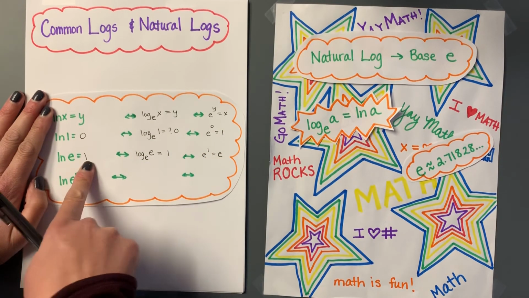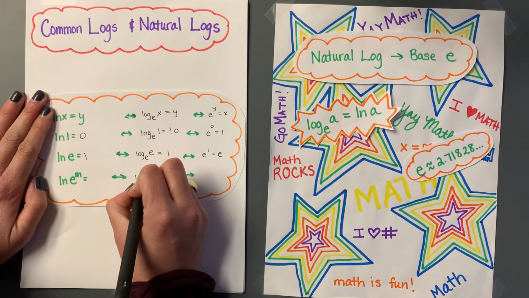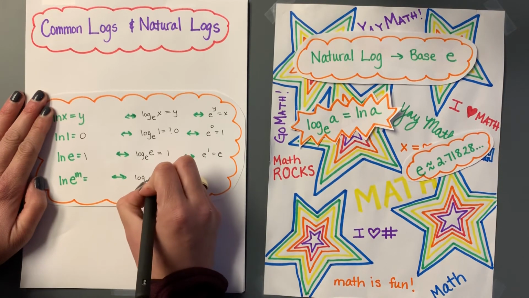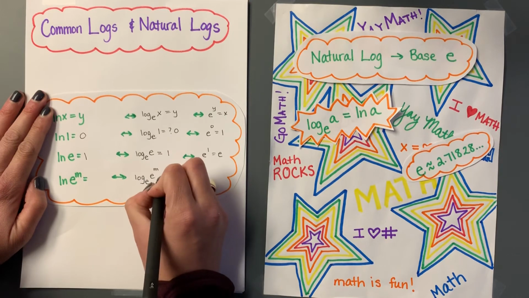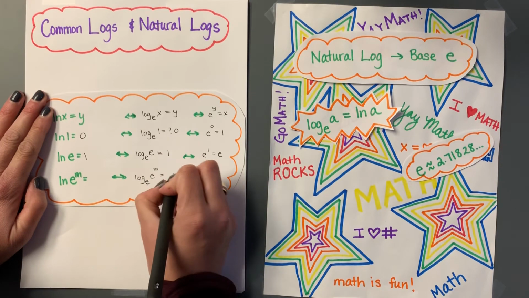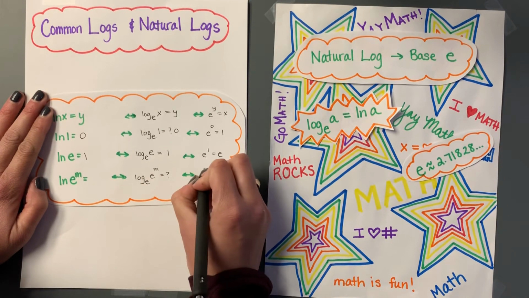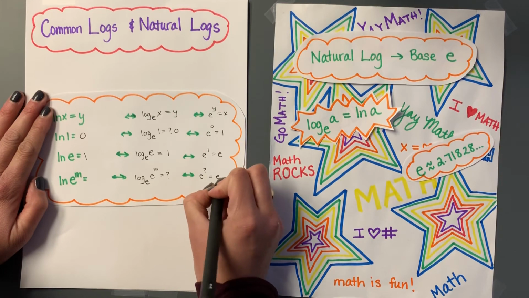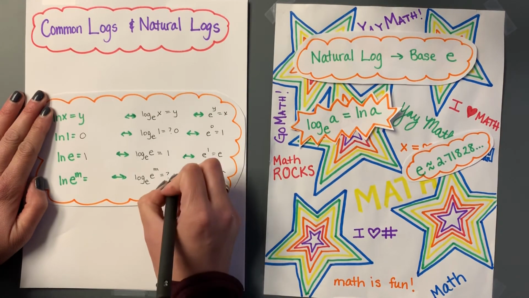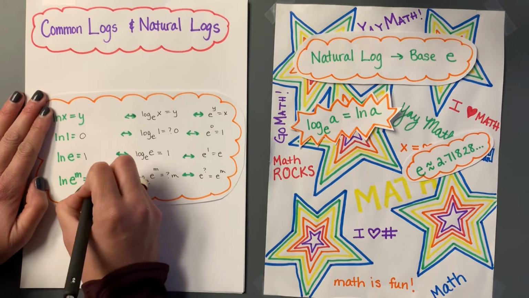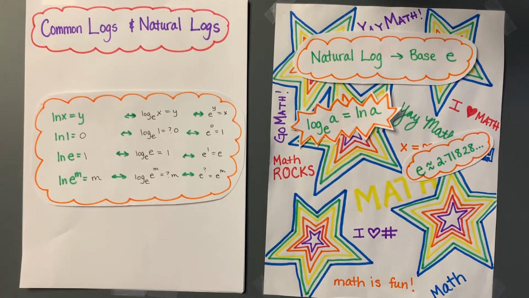So ln e is equal to 1. And ln e to the m is log base e of e raised to the m. So this is e to what exponent is equal to e to the m? And that should be m. So ln of e to the m is equal to m.